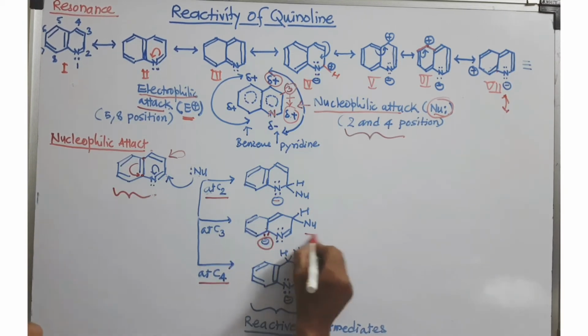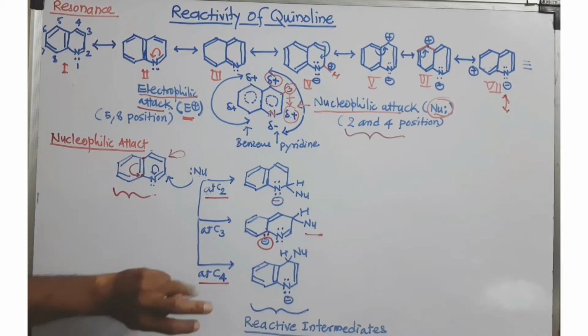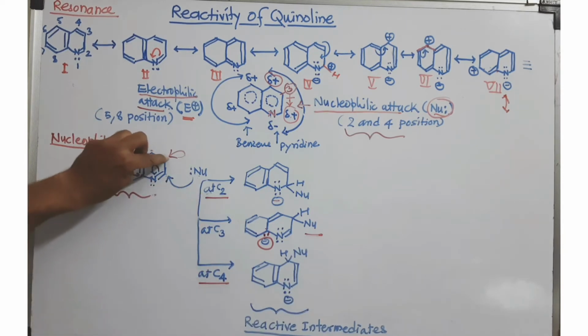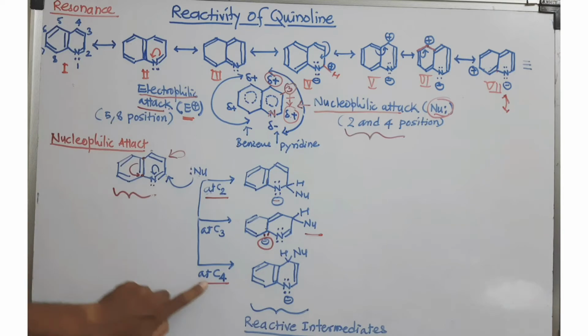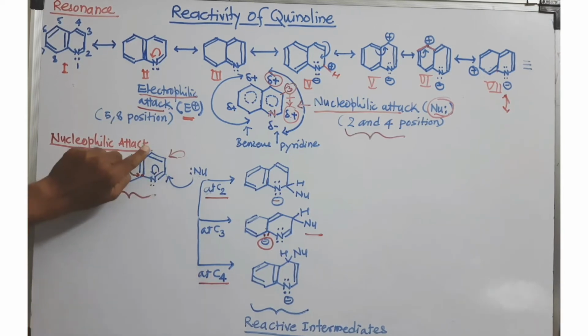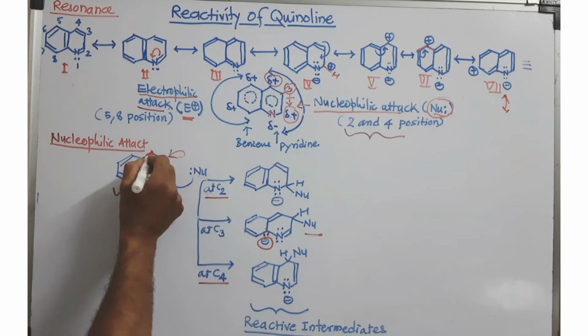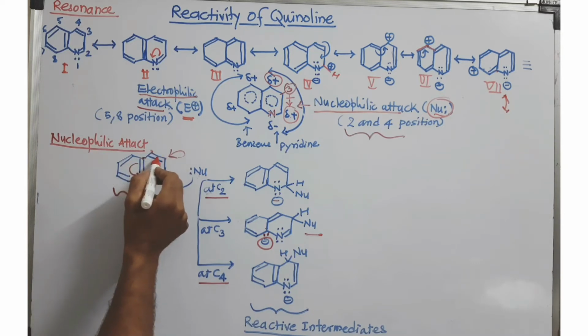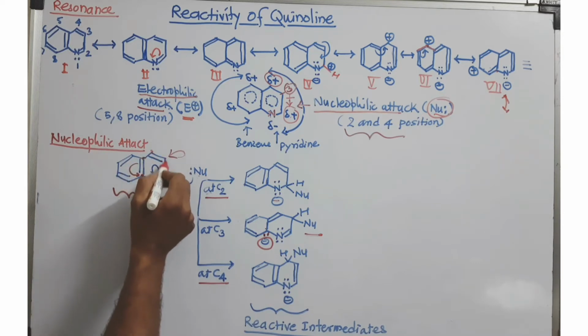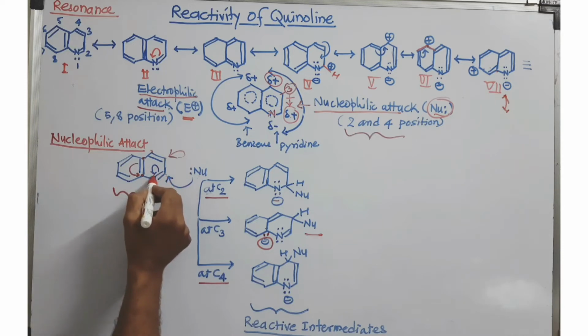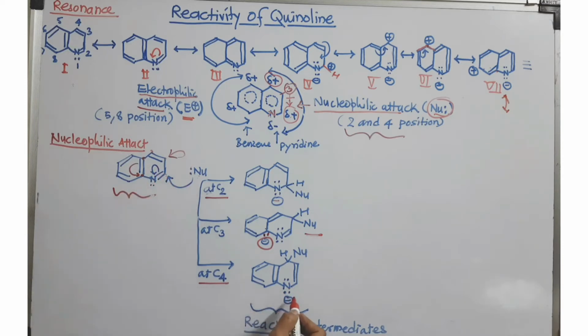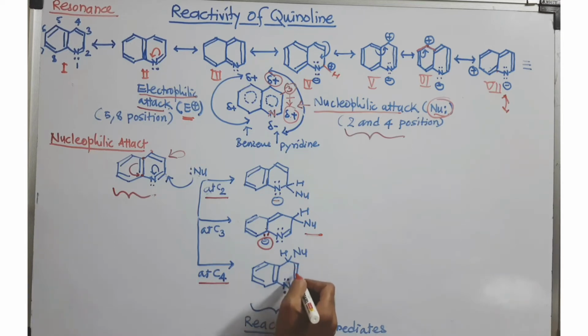This is another intermediate, developed after the nucleophile attacks at carbon number 3. Now I am considering attack of the nucleophile at carbon number 4. Doing the same thing, this pair is supplied to the 4th carbon, this will move in between these 2 carbons, and the charge will open over the nitrogen, so the nitrogen will have a negative charge.